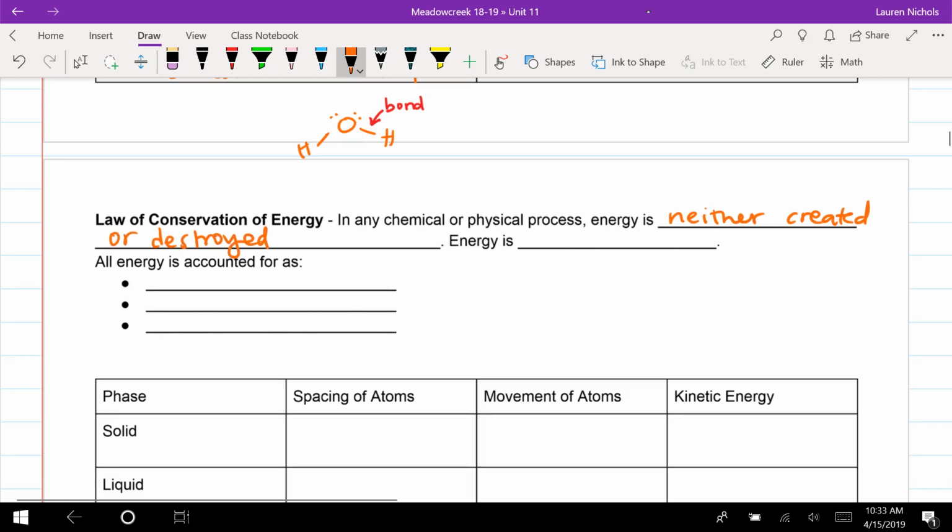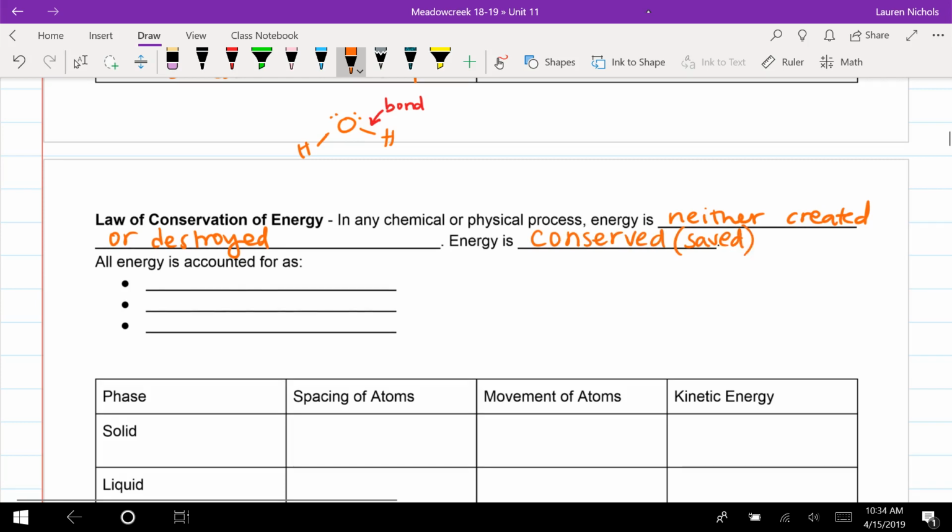You cannot create new energy, and you can't get rid of it completely. It's just transformed. In order for me to run a marathon, I have to eat food. The energy is transferred from the food into my body, and then into ATP that my muscles can use. Energy is transformed through different processes, but it is also conserved, which means it is saved. It does not go anywhere.